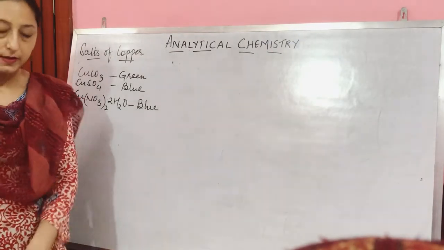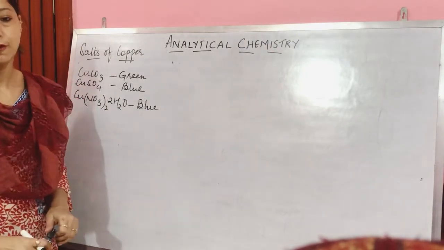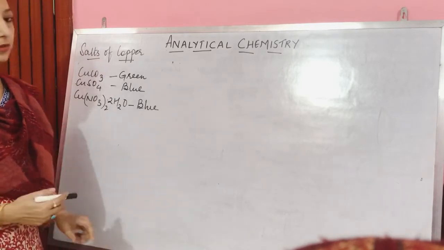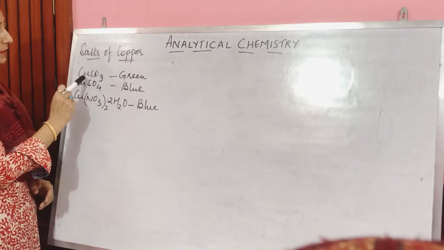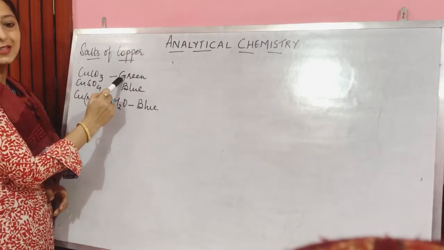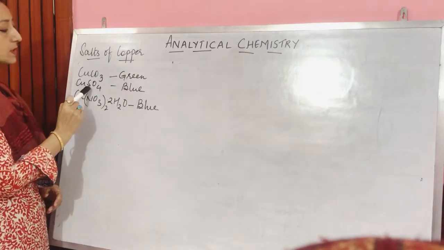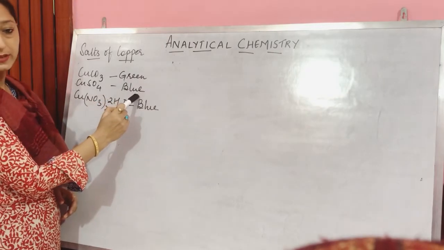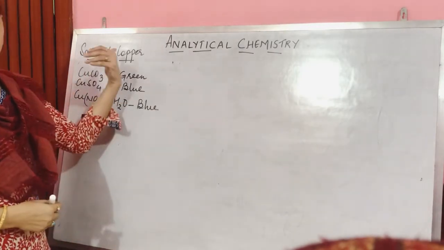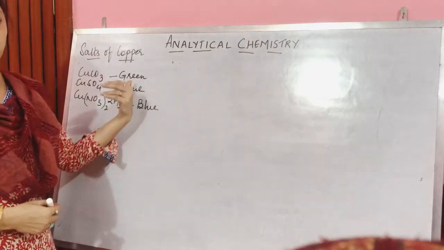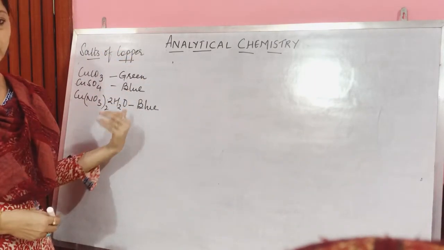Now children, salts of copper. There are different salts of copper. See here, copper carbonate is green in color, copper sulfate is blue in color, and copper nitrate is also blue in color. These are the colors of the salts.